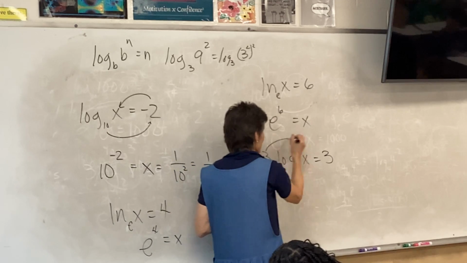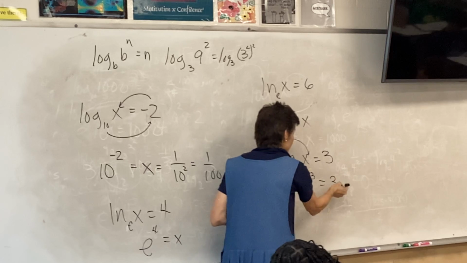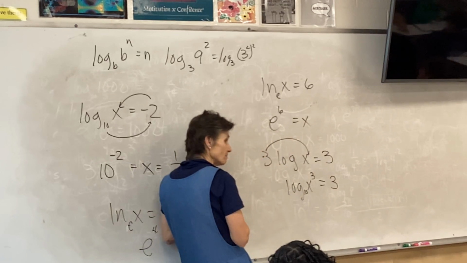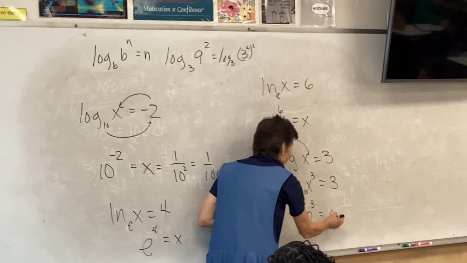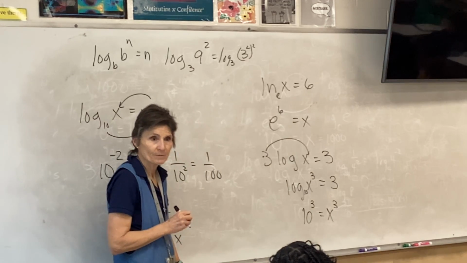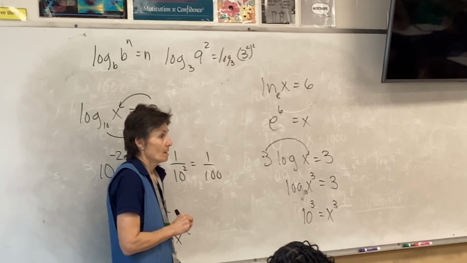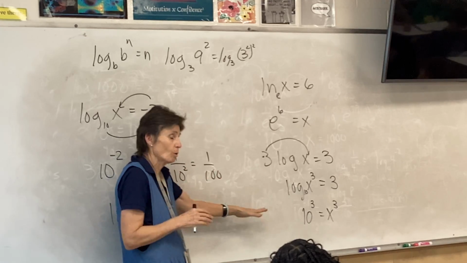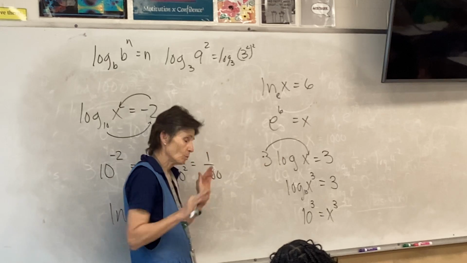She says, I'm going to pull this off, so it's log x cubed equals 3. And the base on that is 10. So 10 to the 3rd equals x cubed. So obviously x has to be 10. So that's one option. My preferred way of doing it, if I get to pick, this will work, and it will work every time. I don't want to diminish it, it will work.